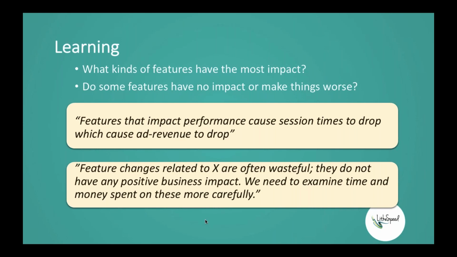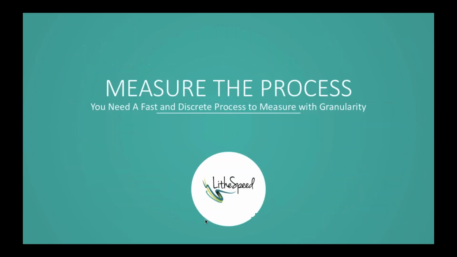We spend a lot of time and money on them, and it turns out that they don't result in increased revenue or increased ad sales or increased time with the application, et cetera, et cetera. And I'm able to start learning at this feature by feature level what customers want and need, and what drives actual business performance. Okay.